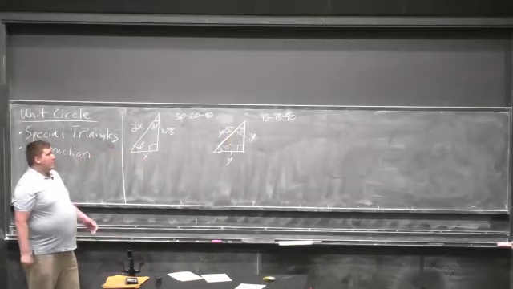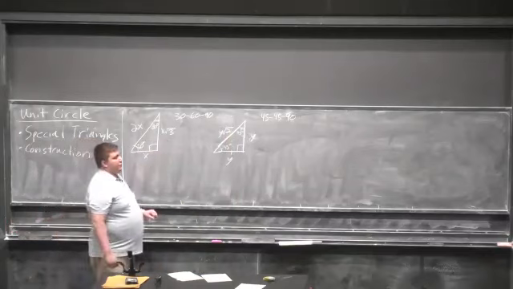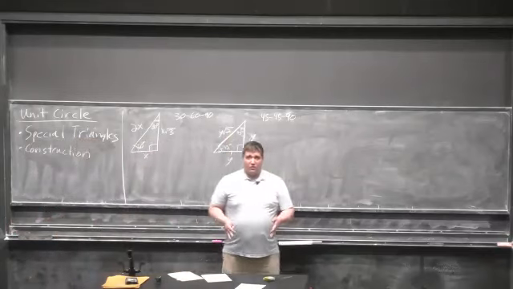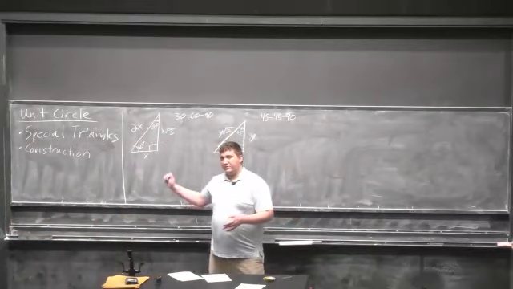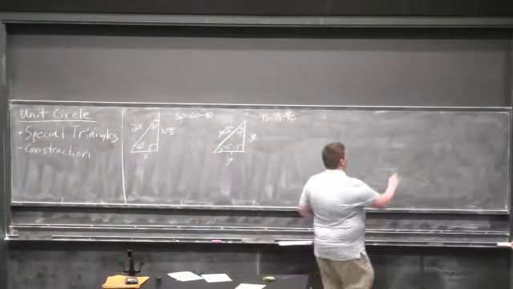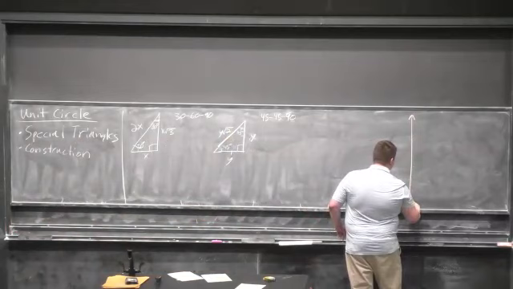Okay. So now, why am I making these? Because the unit circle can be constructed with help of these triangles. So we'll track our progress of the unit circle here.